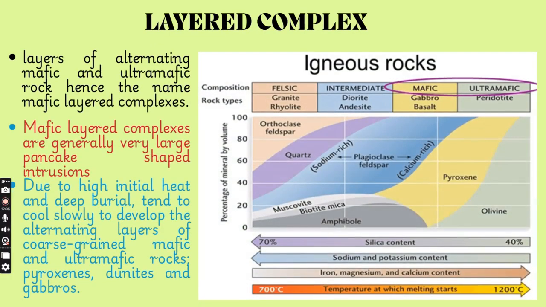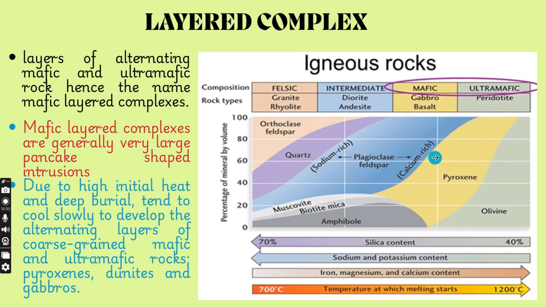I will be showing the layered complex. In general, you can see that sulfide-rich primary deposits of nickel are mostly associated with mafic to ultramafic, basic to ultrabasic rocks. So these are the mineral stability fields: olivine, pyroxene and calcium-rich plagioclase, that is anorthosites.